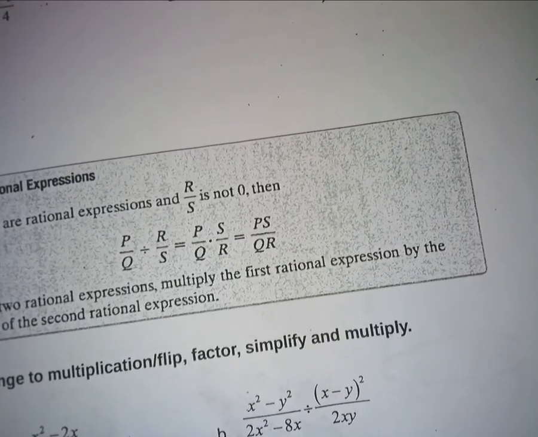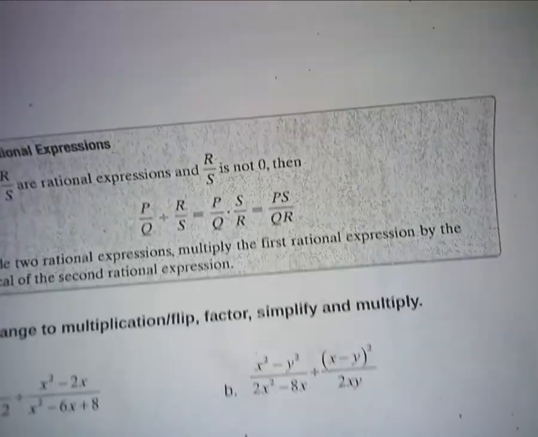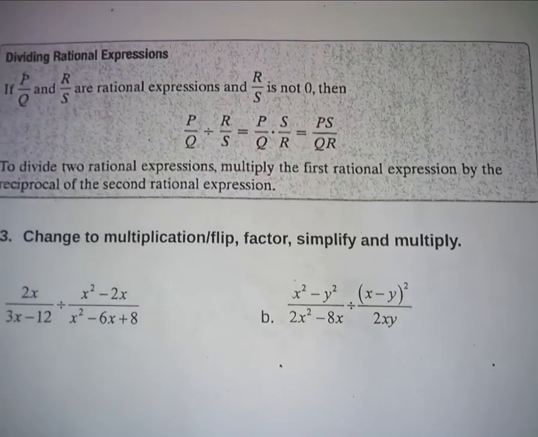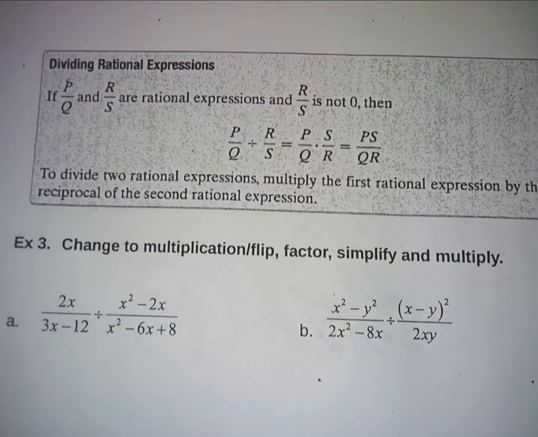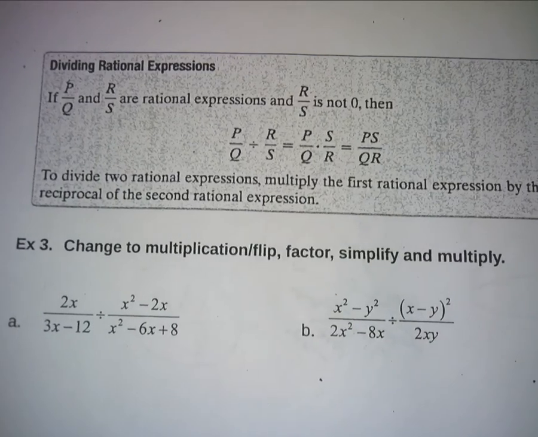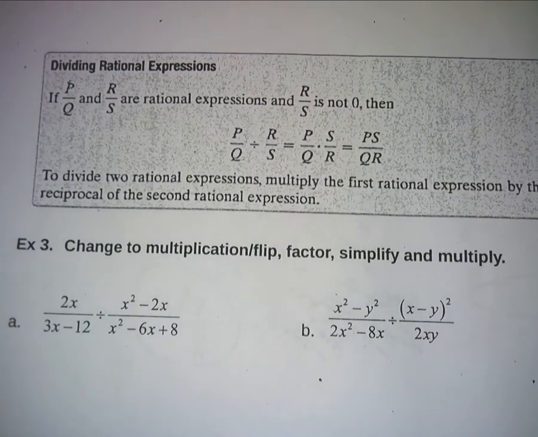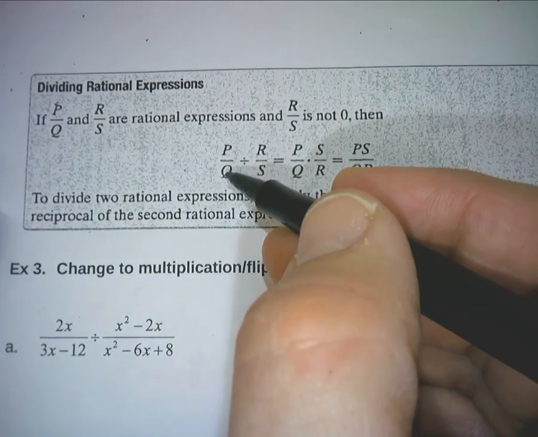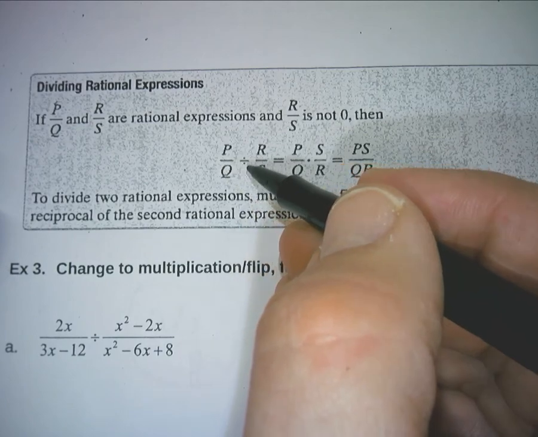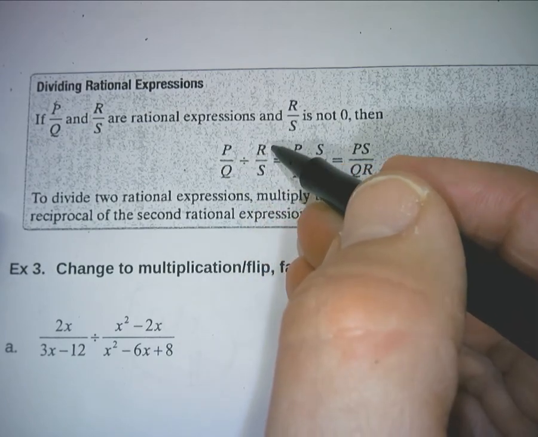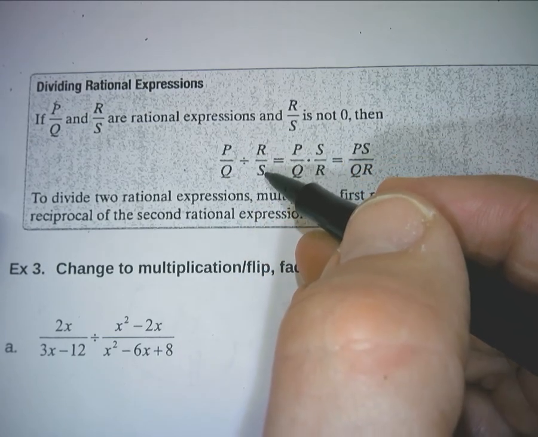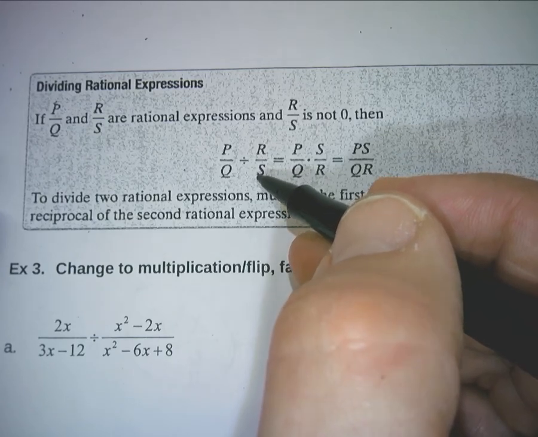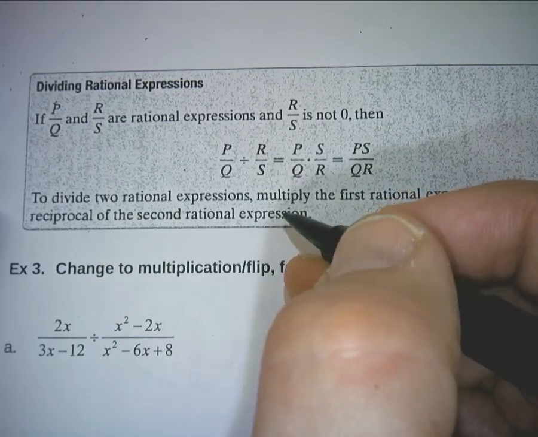All right. I am moving on to division, guys. If you can do multiplication, then you can do division, okay? So if I'm doing some division, all right, I have P divided by Q, and that's divided by R over S, okay? Well, have you guys heard of multiply by the reciprocal?